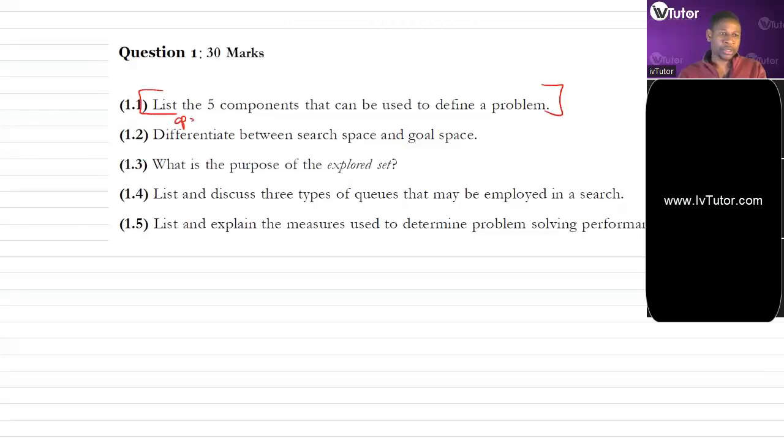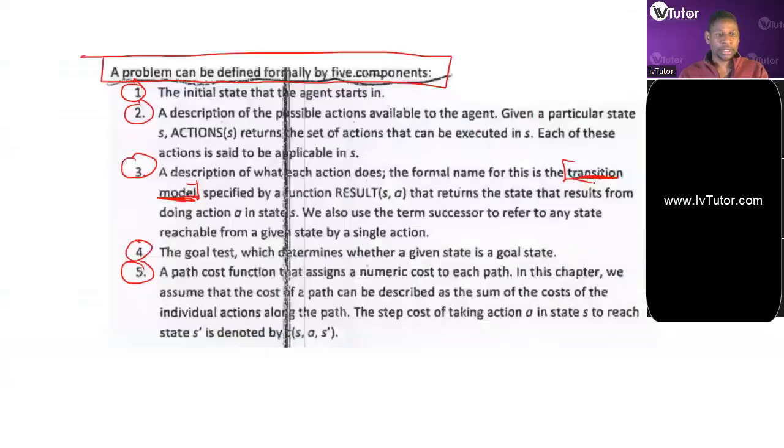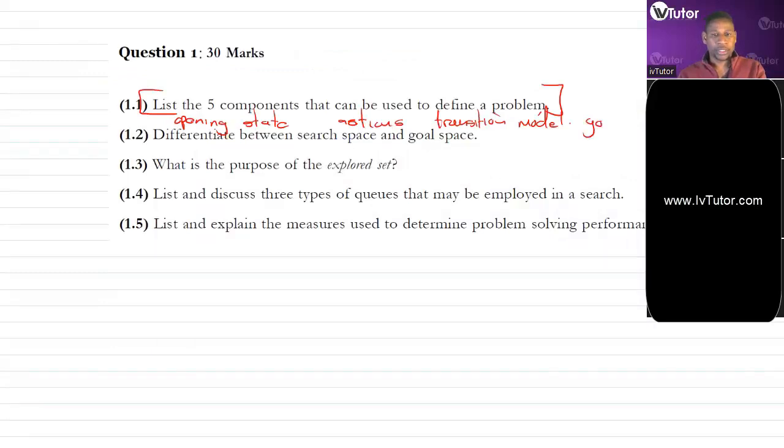So you have got the initial state, actions, transition model, and the other one is goal test, and path cost function.